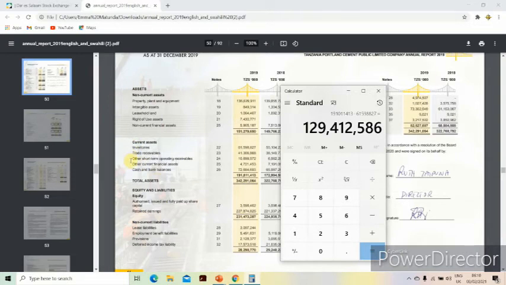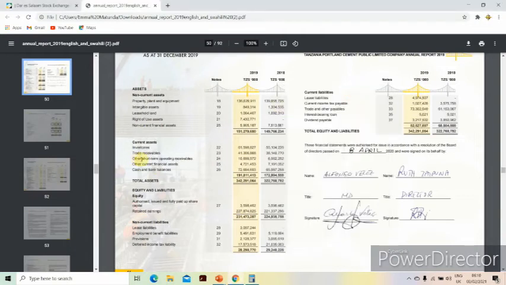Now, if you can observe this list of current assets, we do not directly see the prepaid expenses. However, if we do go for these other short-term operating receivables, now there are two types of receivables that you can see in the current assets. There is the normal trade receivables, which simply just means these are the people, organizations of which the business has sold its product or service on a credit basis.